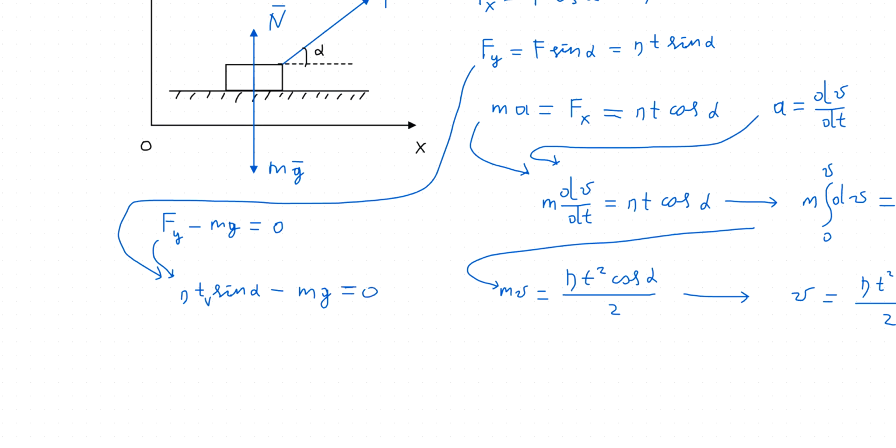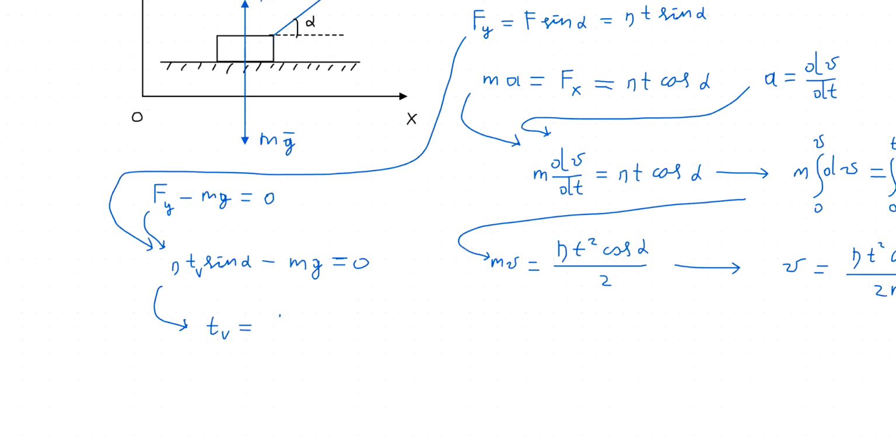And from here we have that t taken off is equal to mg divided by eta sinus alpha.